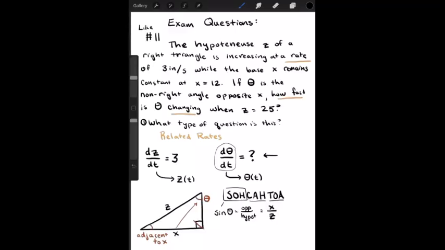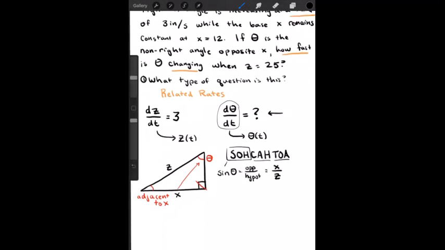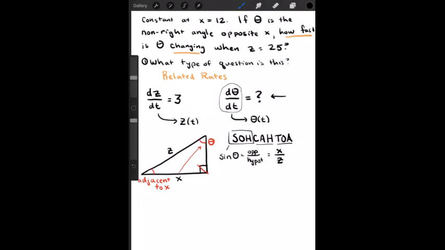So the thing that I would recommend doing first, like I said, there's a couple different ways for it. But the thing that I would recommend doing first is isolating theta, right? So that we can just take the derivative of theta and figure out what the other side is going to be. All right. Let's give us a little bit extra room.